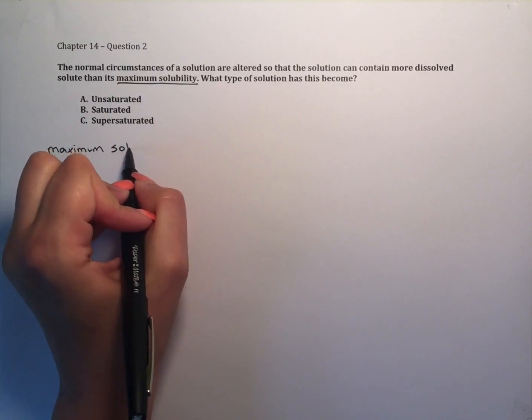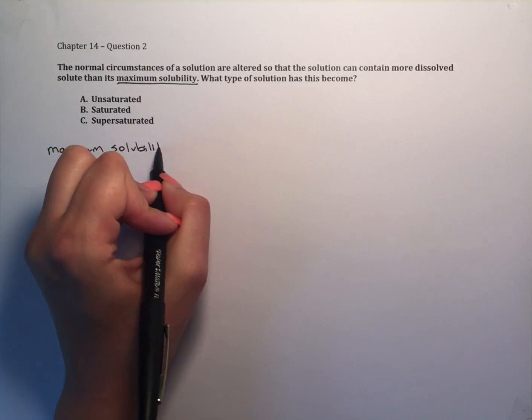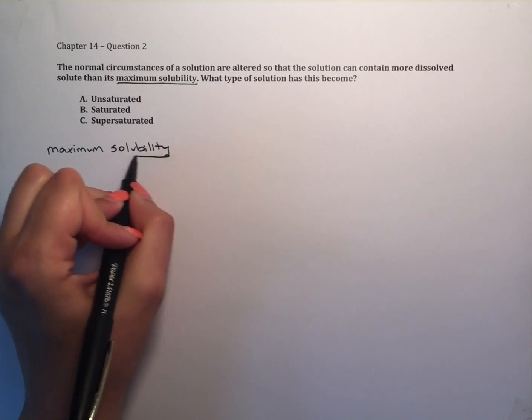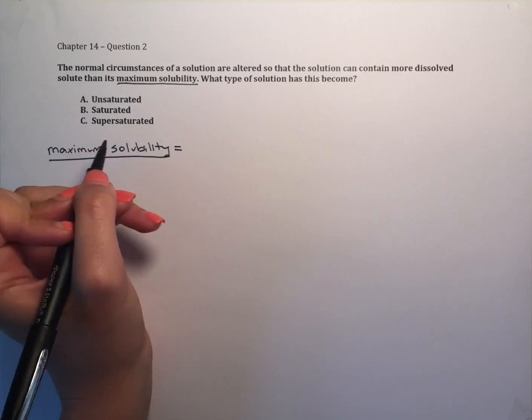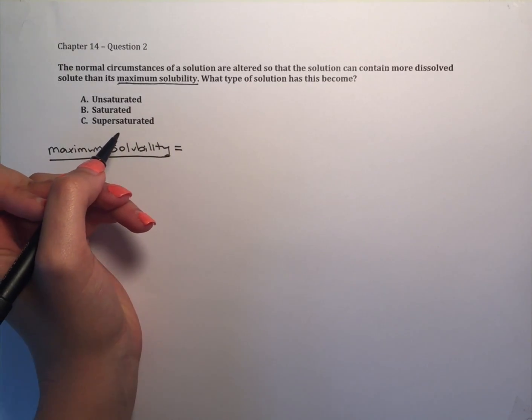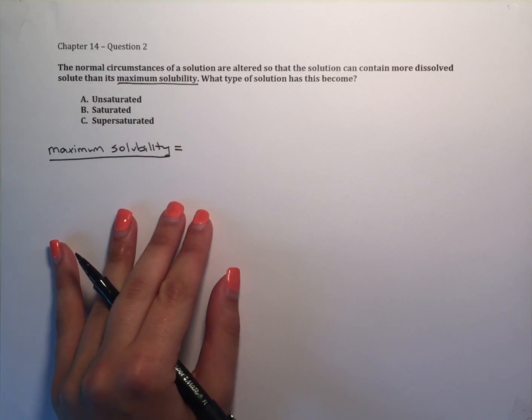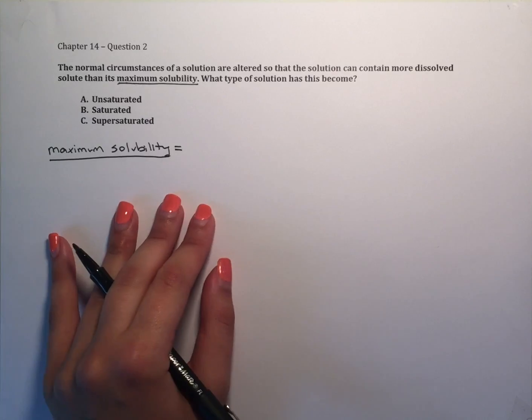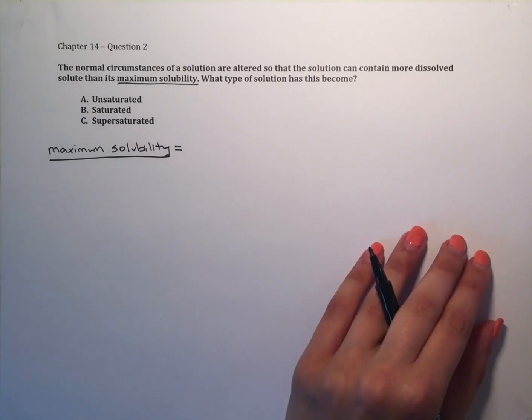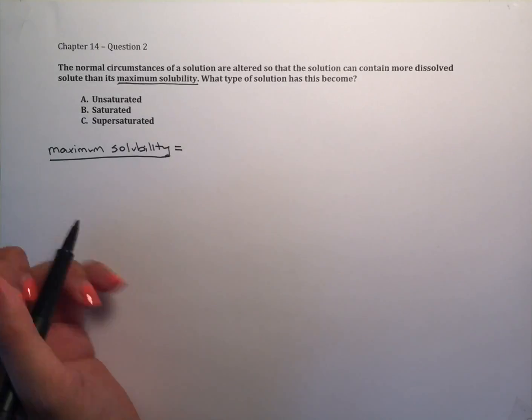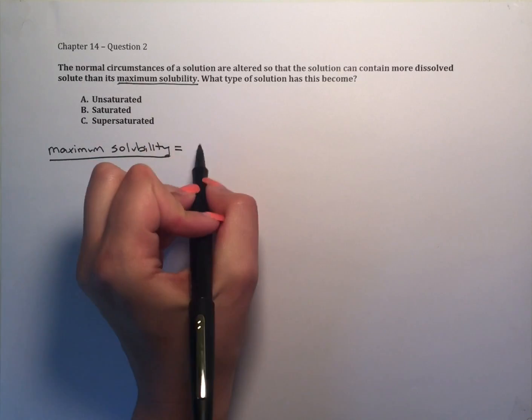Maximum solubility equals the maximum quantity of solute that can dissolve in a certain quantity of solvent at a specific temperature or pressure. So let's just write that down.